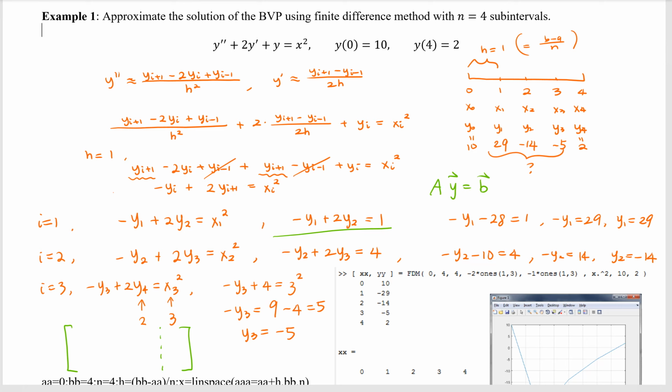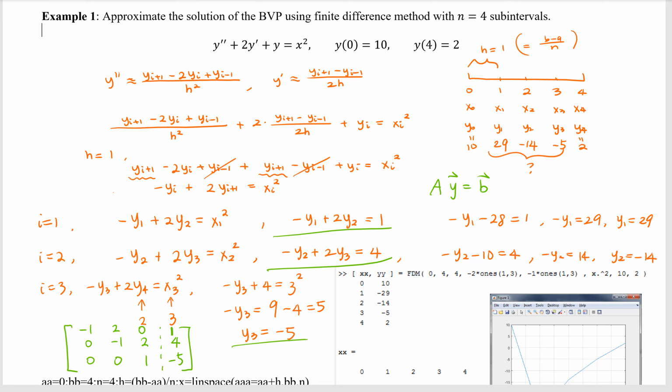The coefficient of y1 is minus 1, coefficient of y2 is 2, coefficient of y3 is 0, right hand side is 1. Second equation: coefficient of y1 is 0, coefficient of y2 is minus 1, coefficient of y3 is 2, right hand side is 4. Last equation: after we simplify it, y3 equals minus 5. So 0, 0, 1 equals minus 5.